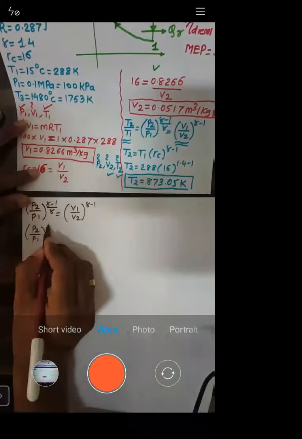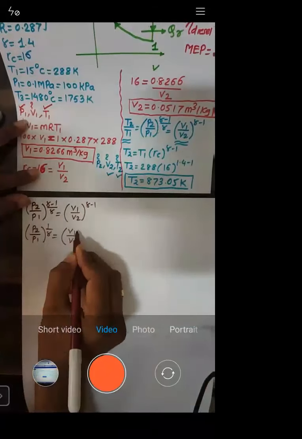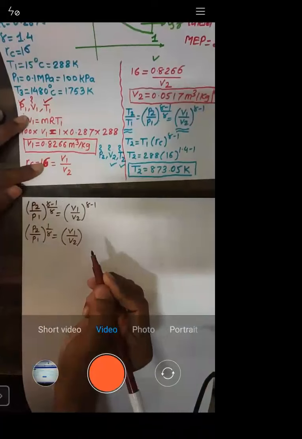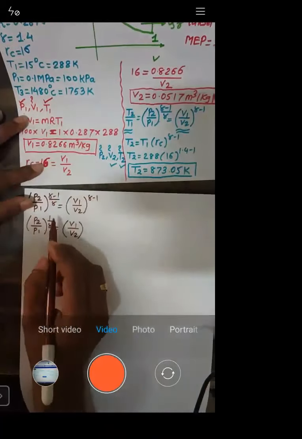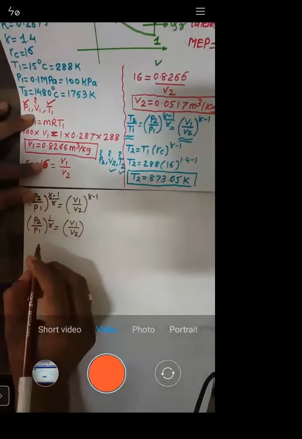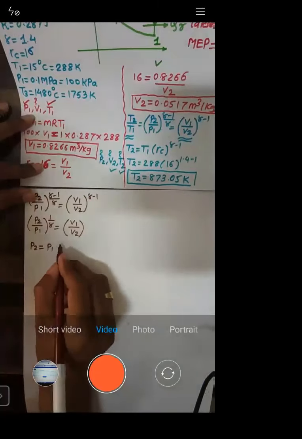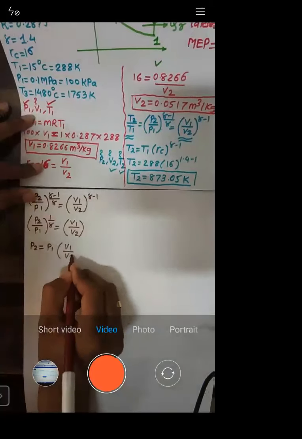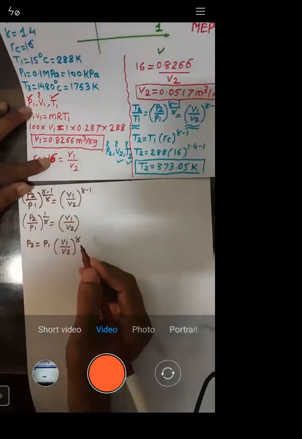P2 by P1 raised to power 1 by gamma is equal to V1 by V2. Now when we bring this power to the right hand side, we'll get P2 is equal to P1 into V1 by V2 raised to power gamma. So this is how we'll get P2.